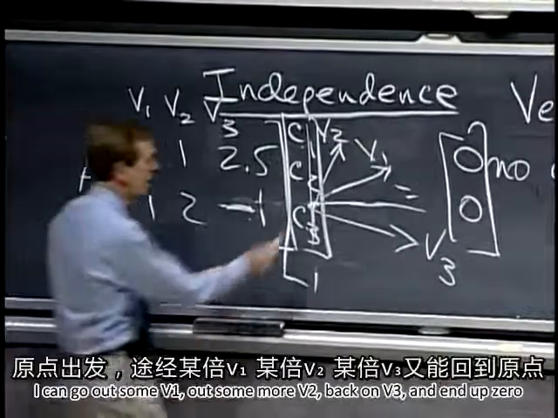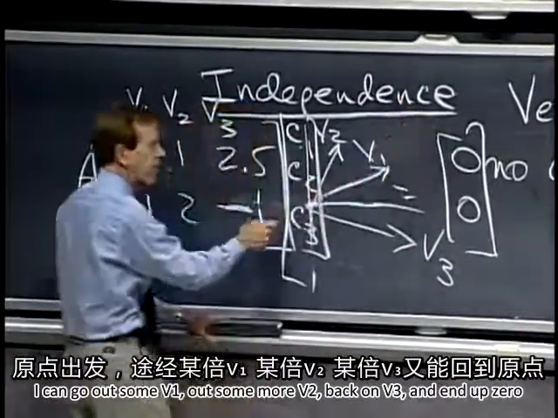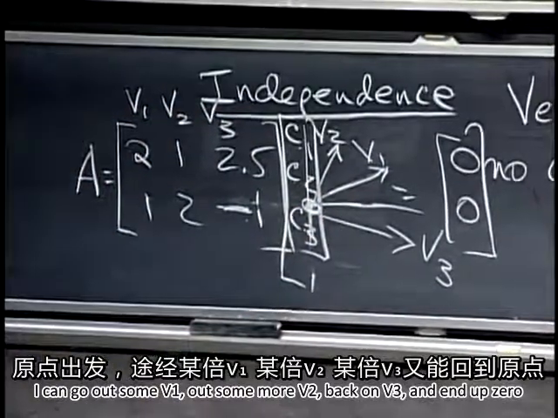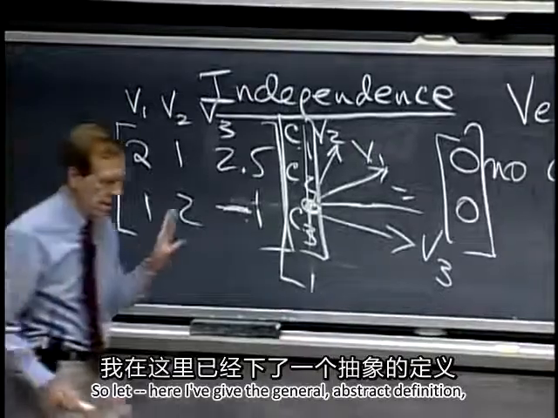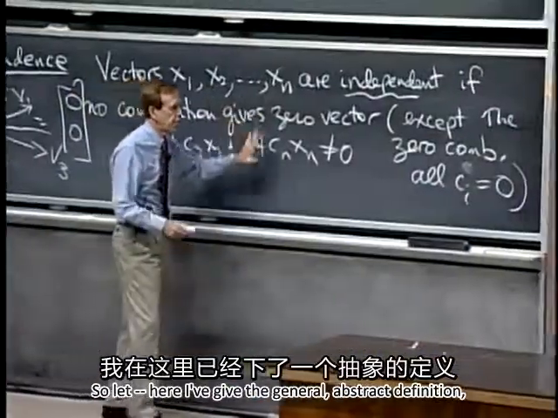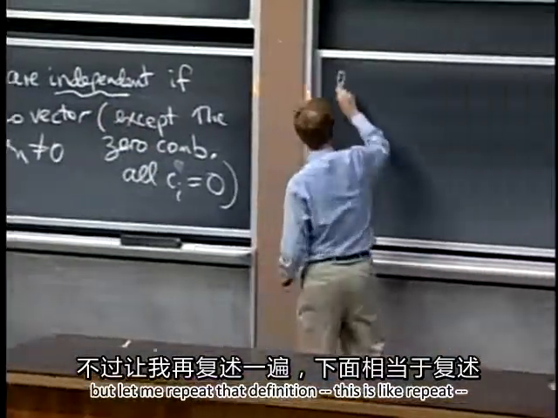So in other words, I can go out some v1, out some more v2, back on v3, and end up at 0. Okay, so here I've given the general abstract definition, but let me repeat that definition.